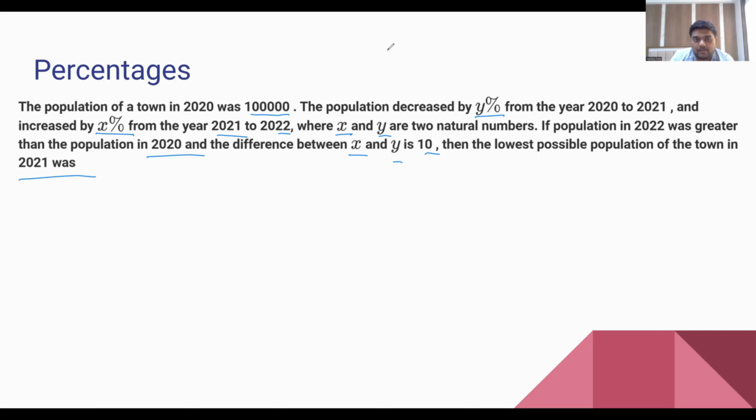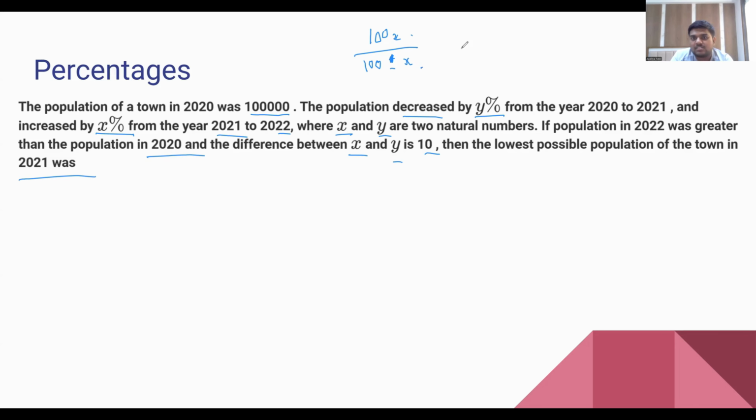So if you had noted down the formula discussed in the previous slide, which was 100x by 100 plus minus x. Now see, there is a decrement in the first year and then an increase. So you can consider this thing had the values been equal. So here, 100x by 100 minus x.